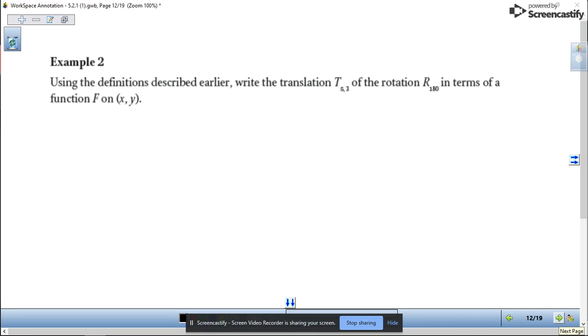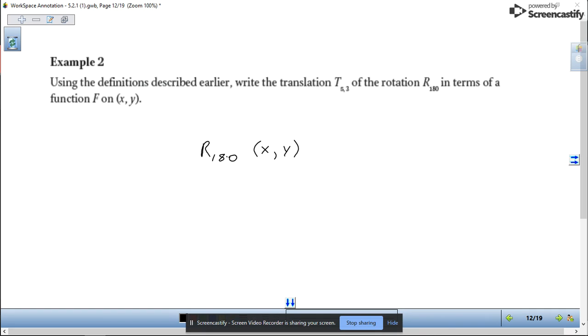Now, number 2: using the definitions described earlier, write the translation (5, 3) of the rotation 180 degrees in terms of the function f on (x, y). So we have a rotation of 180 applied to (x, y), and on the outside of that we have a function T, which is (5, 3).